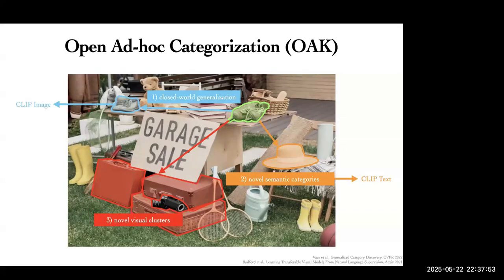And for the novel semantic categories, I'm going to rely on CLIP text to discover the novel semantics. And the novel visual cluster, I want to identify in my unlabeled image data set, there is a good cluster. I want to discover this general category based on visual, not based on the semantics. A successful open ad hoc categorization model should handle all three aspects.